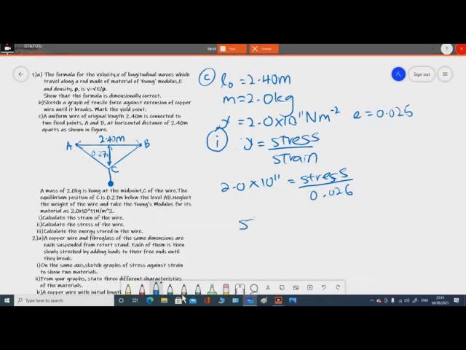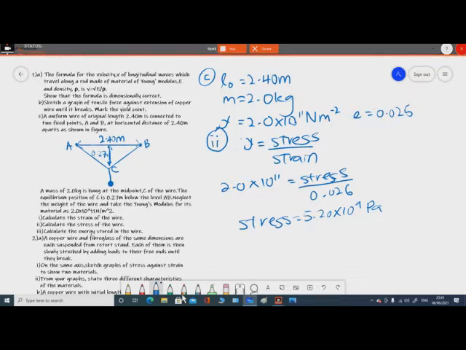So finally, our stress will be 2 times 10 to the power of 11 times 0.026, which is 5.20 times 10 to the power of 9 Pascal. So this is part 2.